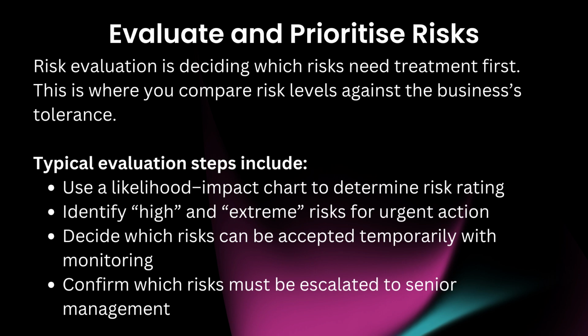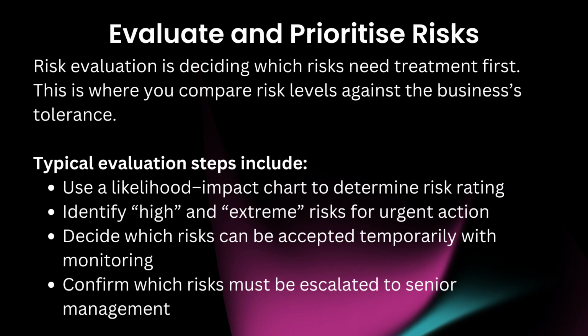Evaluate and prioritize risks. Risk evaluation is deciding which risks need treatment first. This is where you compare risk levels against the business's tolerance. Typical evaluation steps include: use a likelihood impact chart to determine risk rating. Identify high and extreme risks for urgent action. Decide which risks can be accepted temporarily with monitoring.